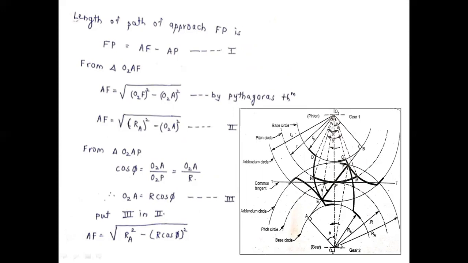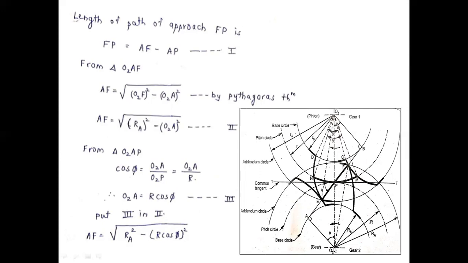From Pythagoras, as we have already learned, AF is perpendicular to O2A, so this is a 90-degree angle and this is a right angle triangle. So according to the Pythagoras theorem, AF is equal to the square root of hypotenuse O2F squared minus O2A squared.